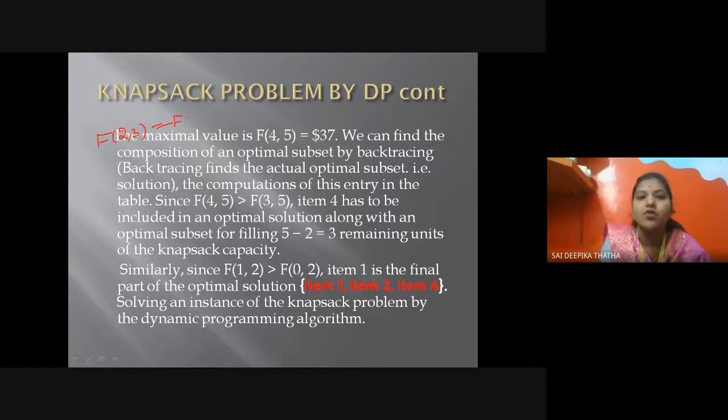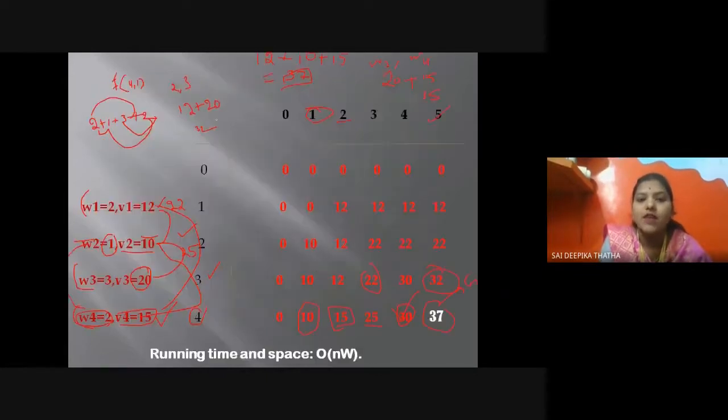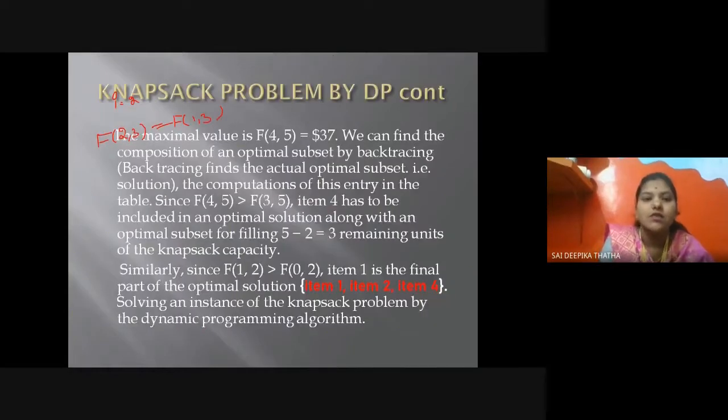So this i value is going to be 2. So 2 minus 1, which is nothing but 1, and the value of j is going to be 3. Now take f of 2 comma 3 value. It is going to be 22.